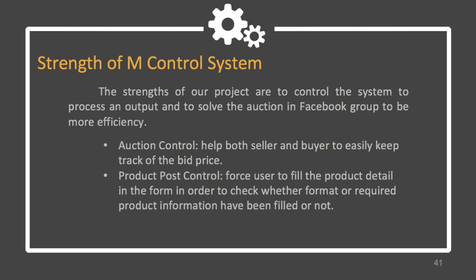We assume that if it becomes reality, auction control can help both sellers and buyers easily keep track of the bid price. And the second strength is product post control. We decided to input the product posting form to control the required variables they input in the form, in order to check whether the format or required product information has been filled in or not.